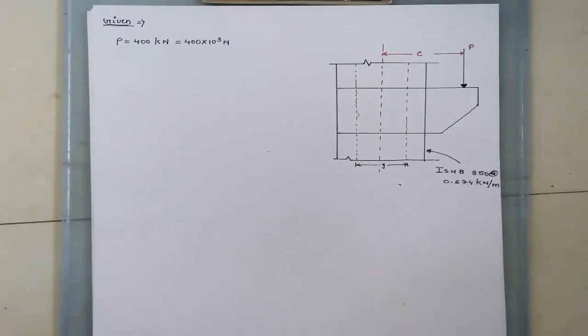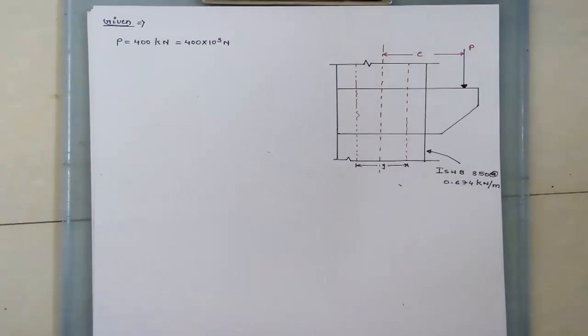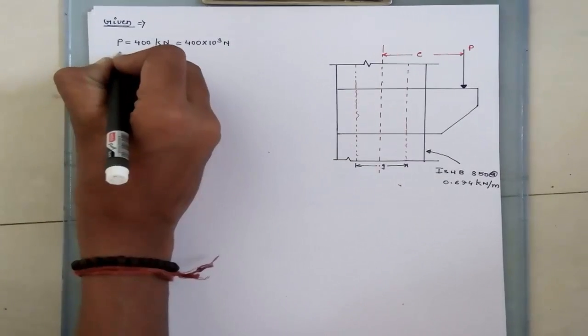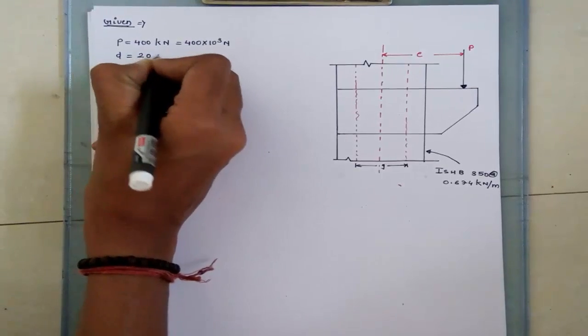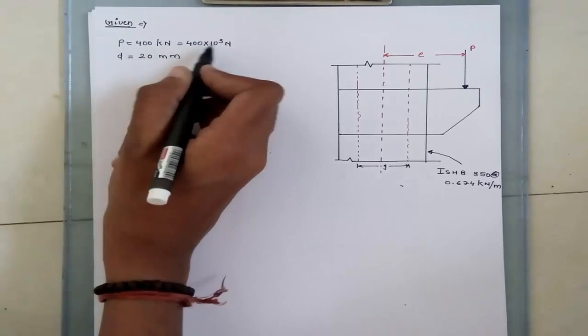The question is like this: a bracket plate connected to the flange of column ISHB 350 at 0.674 kilonewton per meter through 20 mm dia bolts is subjected to a factored load of 400 kilonewton.